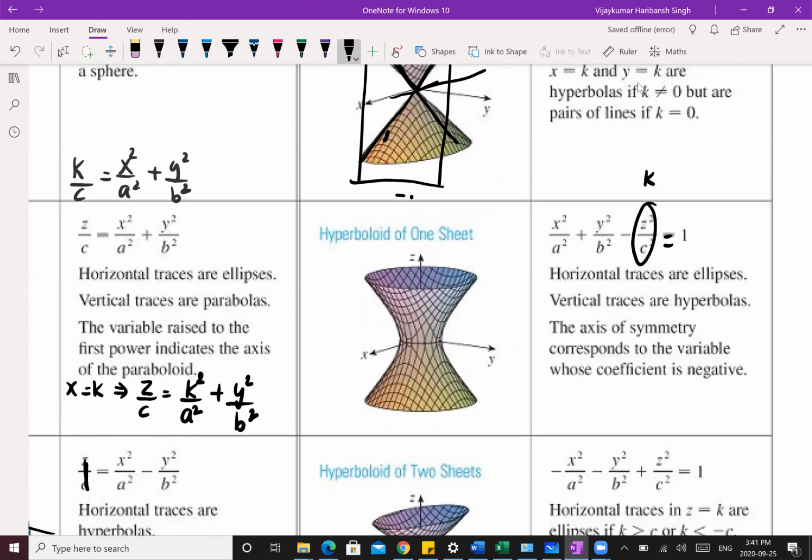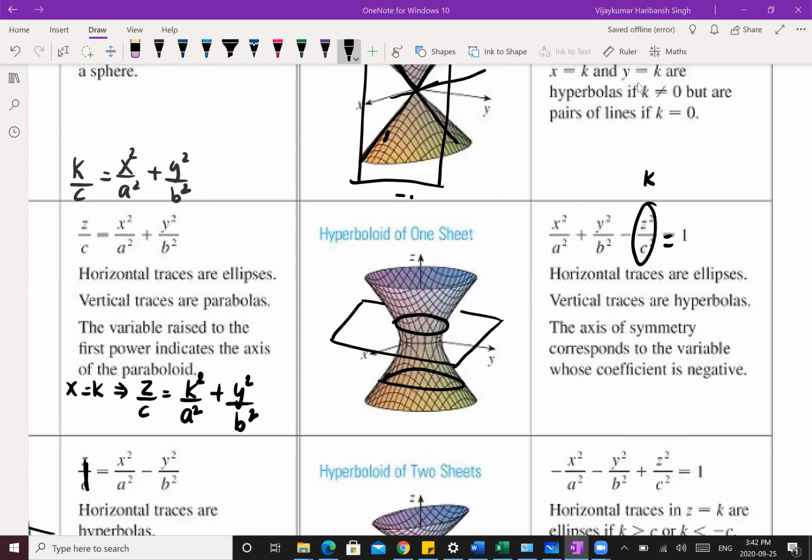Then you have x squared by a squared plus y squared by b squared equals 1 plus k squared by c squared. That is the equation of an ellipse, and all the horizontal traces are going to be ellipses, right?